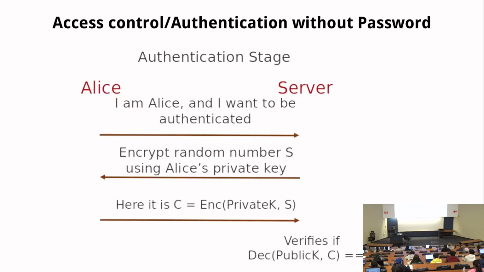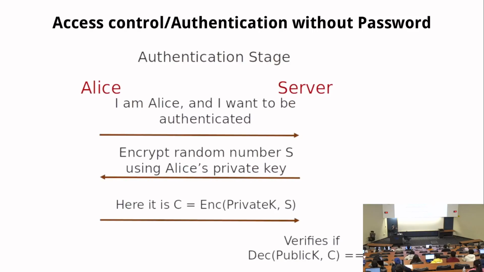So that protocol basically is, let's say Alice tells the website, I am Alice, I want to be authenticated. Then the website will generate a random number, and the random number is not really a secret.